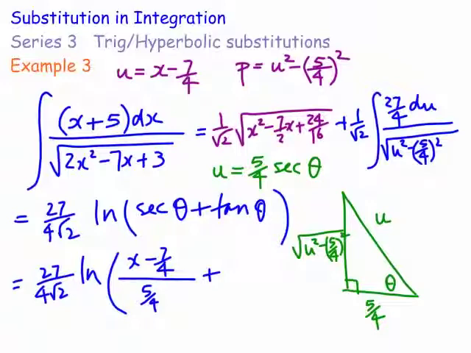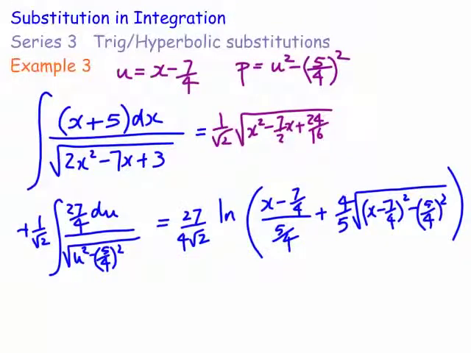Tan theta, if you have a look at this triangle, is the square root of u squared minus 5/4 squared all over 5/4, so it's going to be 4/5 times the square root of x minus 7 on 4 all squared minus 5/4 all squared. Now, we're going to try and simplify this. I'm running out of space here, but we'll tidy up shortly.